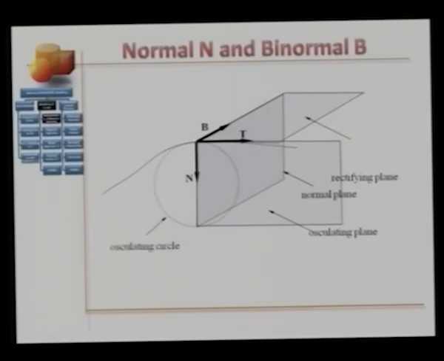The circle is called the osculating circle. Notice that the normal points towards the center of the circle. As I said earlier, this osculating circle passes through 3 very close points on the curve where the tangent t is defined.